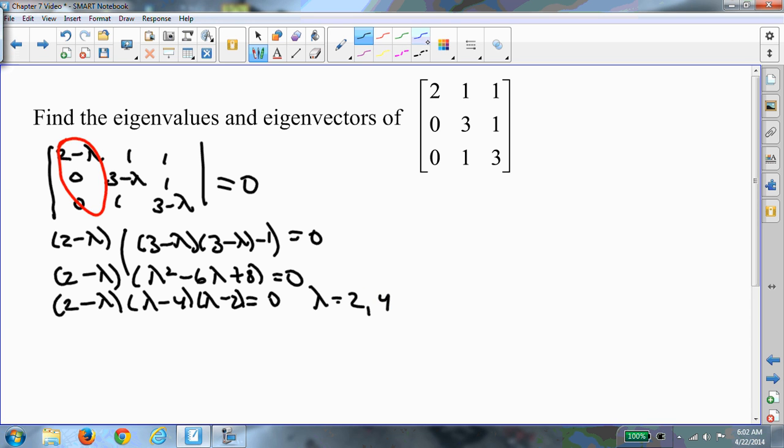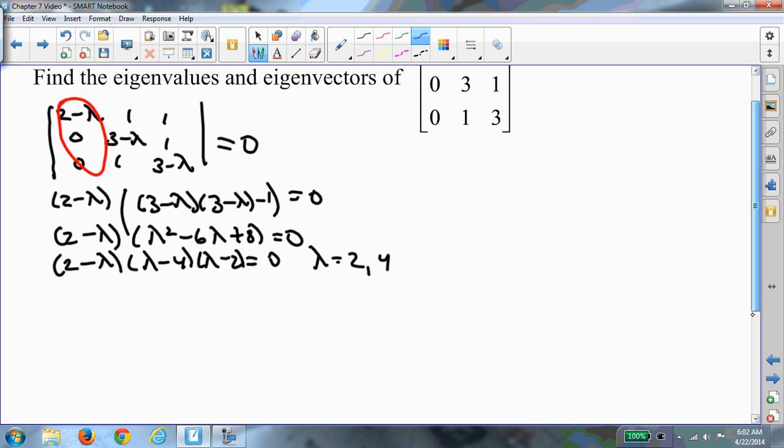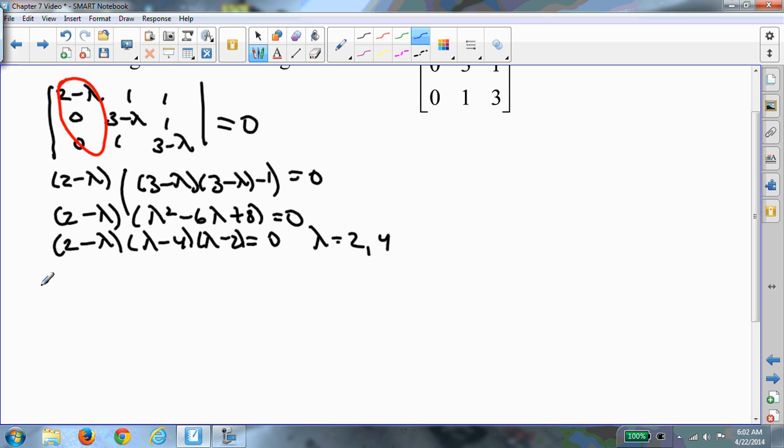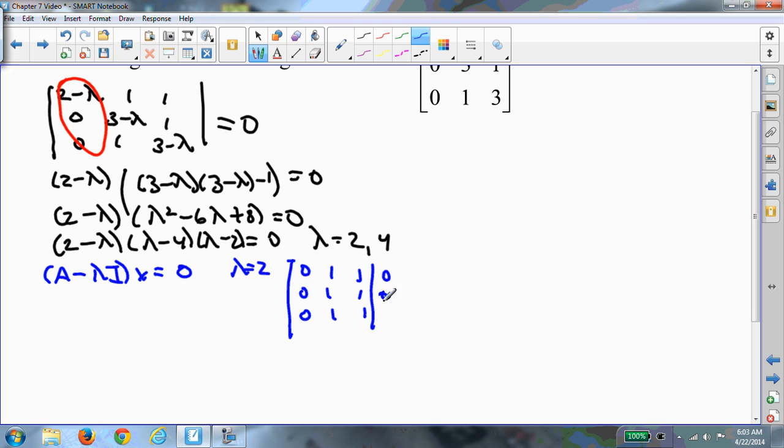Now I'm going to set up the corresponding augmented matrices that I would use to solve for the eigenvectors. So basically, remember, I'm solving (A minus lambda I)x equals 0. So let's start with our first case, lambda equals 2. If I set this up, I'm going to have rows 0, 1, 1; 0, 1, 1; 0, 1, 1, augmented with 0, 0, 0.